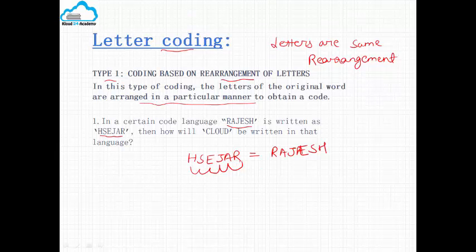So how will cloud be written? CLOUD. Just have to write it down in reverse: DUOLC. So the letters are rearranged here. This is type 1 of letter coding.